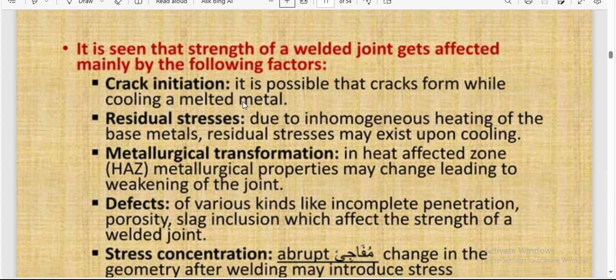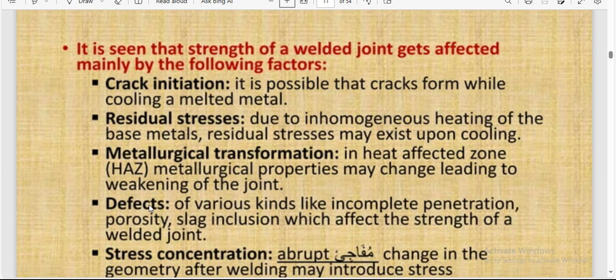Due to that reason, metallurgical transformation also occurs when we are joining those metals in the heat affected zone, and the metallurgical properties may change, leading to weakness of the joints. A phase change process occurs here.